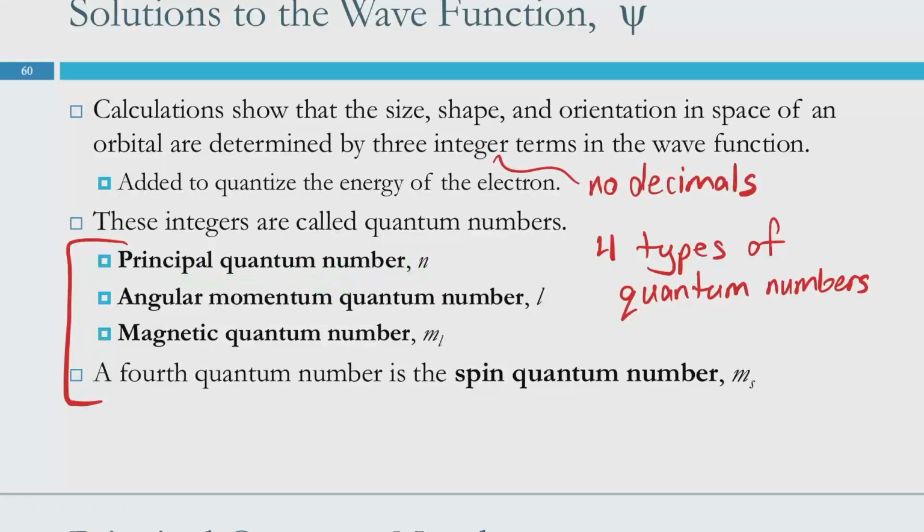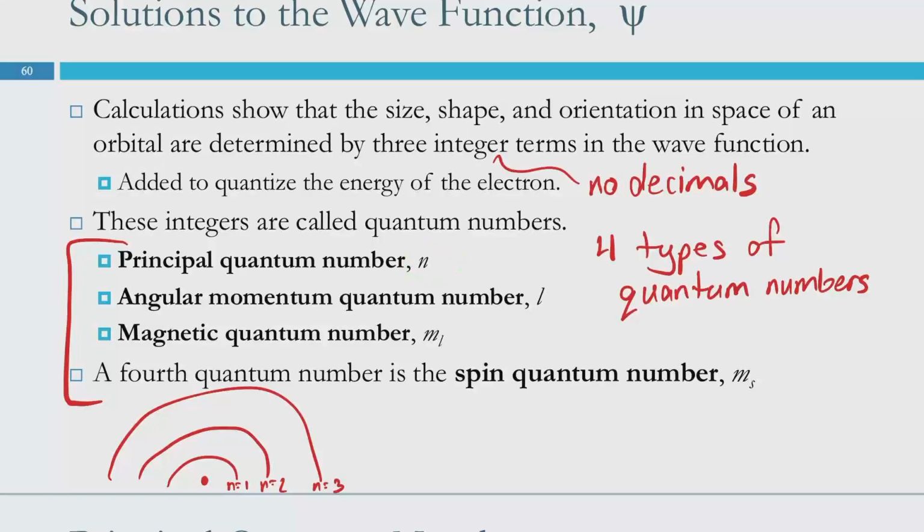If we think back to our Bohr model, we had our nucleus in the middle, and we had these rings around it, right? And these rings represented energy levels, n equals 1, n equals 2, n equals 3, etc. Our principal quantum number, n, is like these energy level shells.